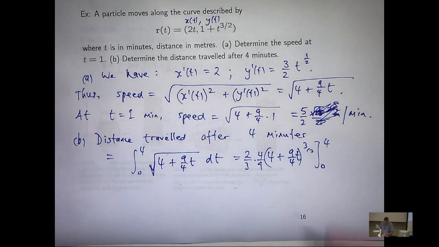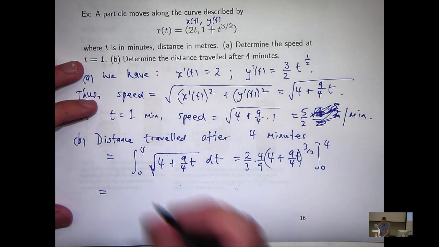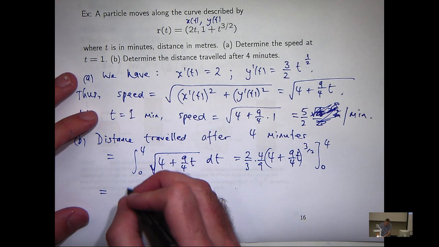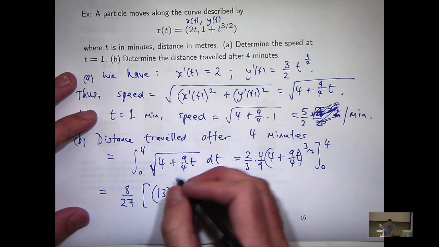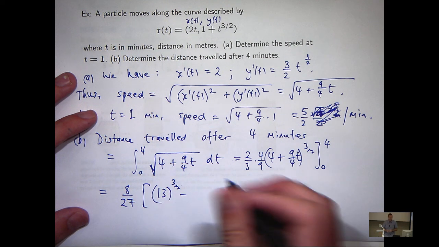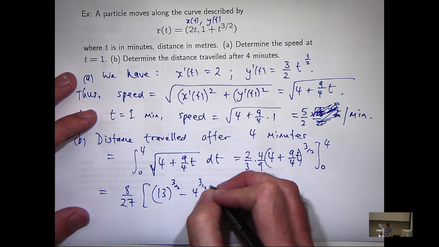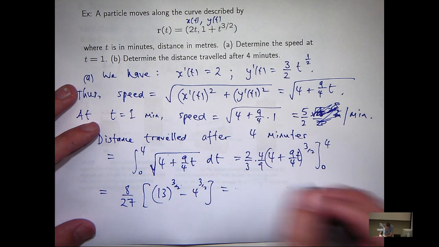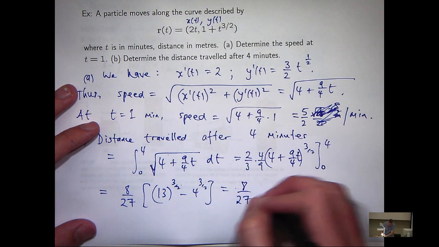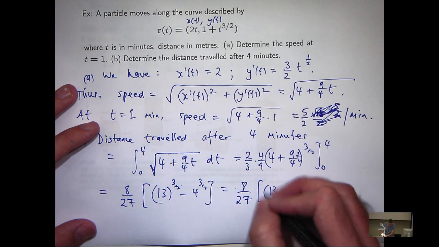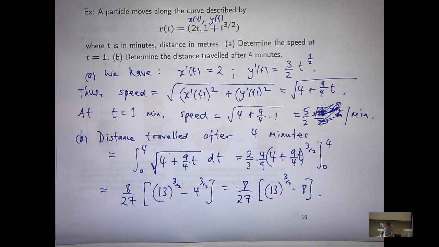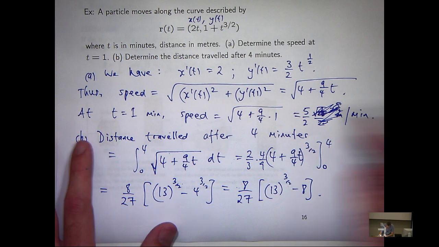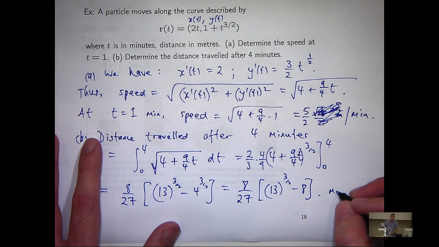So just sub in now, t equals 4 and t equals 0. We're going to get something like this. And if you clean that up, you should have something like this. So that'll be in meters.